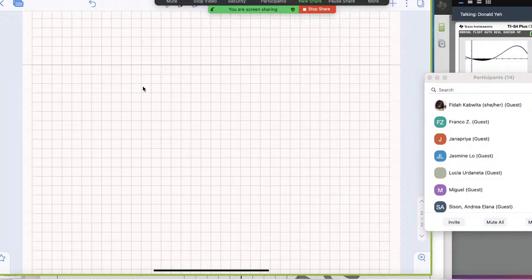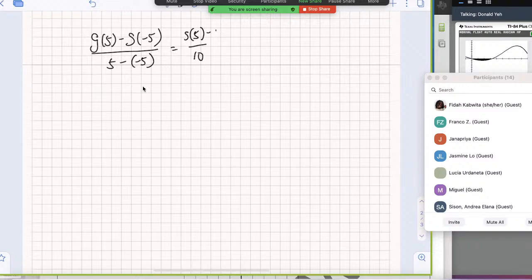It's going to be g of 5 minus g of -5 over 5 minus -5. So that's equal to 1/10 of g of 5 minus g of -5. Does that make sense? And then you can go into defining what g of 5 is.